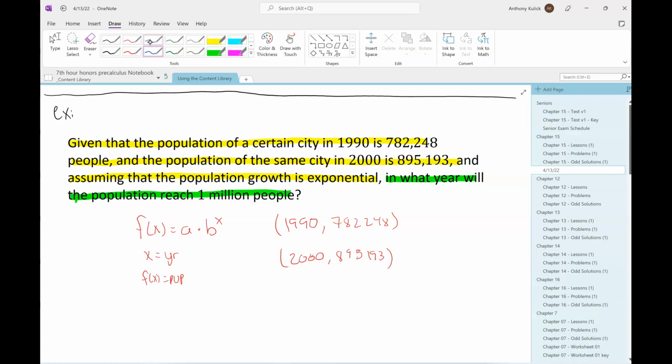Does anybody notice a little hiccup here? You have to do that harder process to write the model because I don't have a point with the x-coordinate of 0.